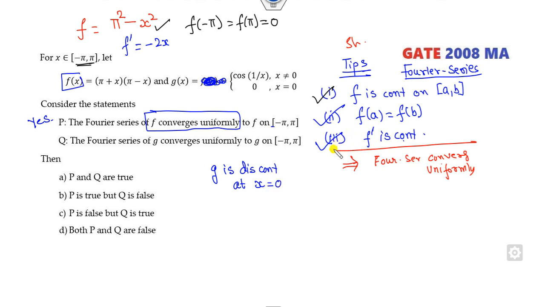So the first condition is not satisfied, which means it is not uniformly convergent, while f is convergent. So only P is the correct option. P is true, Q is false is the correct option, and the rest are false. Sometimes students may write out the Fourier series of this, but there is no need. You can simply remember this shortcut trick.